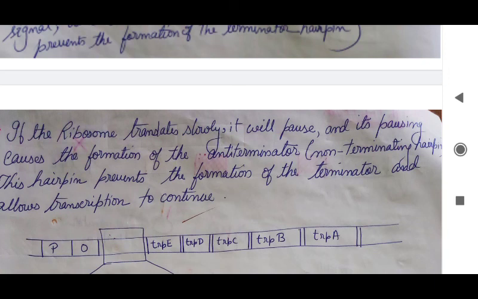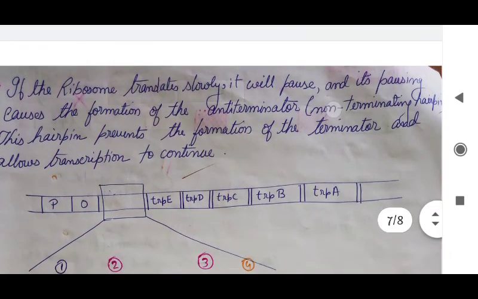Again I repeat, if the ribosome translates slowly, it will pause, and its pausing causes the formation of the anti-terminator, meaning a non-terminating hairpin, formed by that same attenuator sequence.